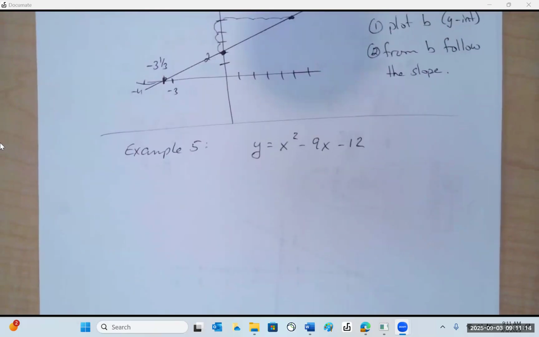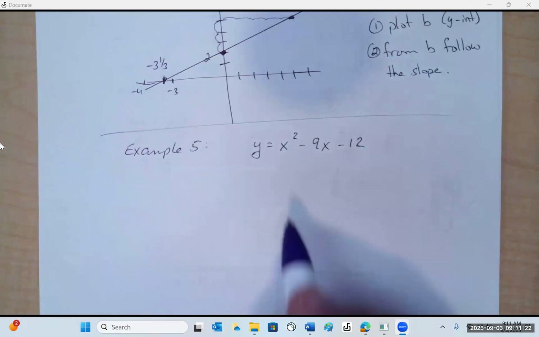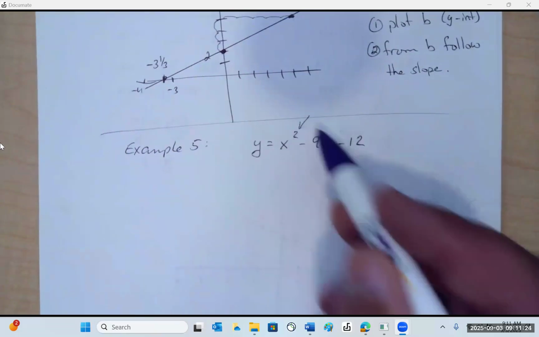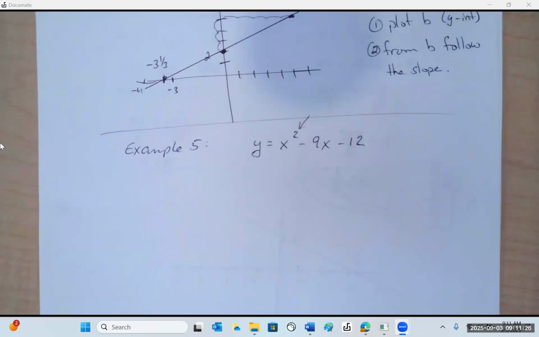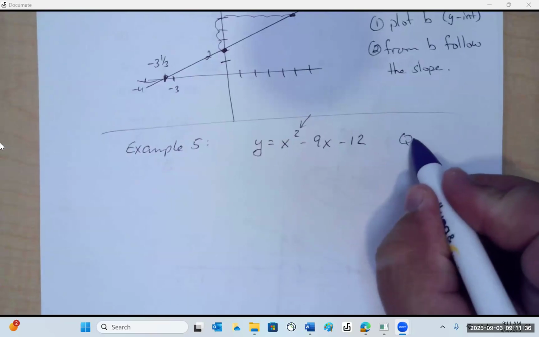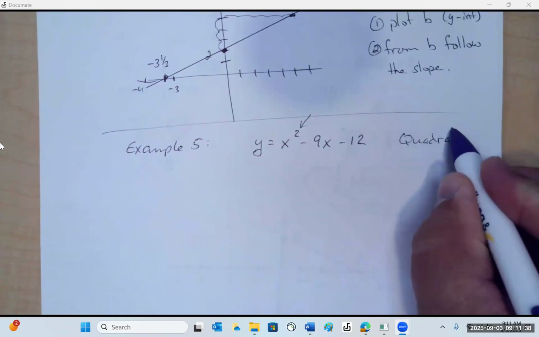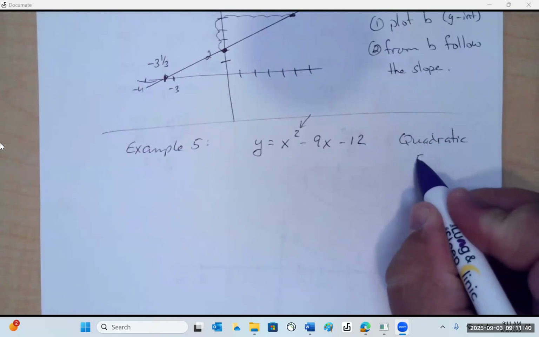Is this linear? What's that? Nope, it's not linear because x has an exponent. Because the biggest exponent in this equation is a number 2, this is what's called a quadratic equation.